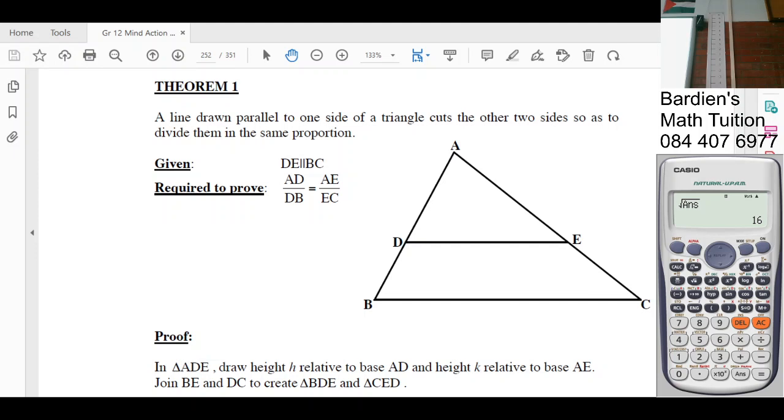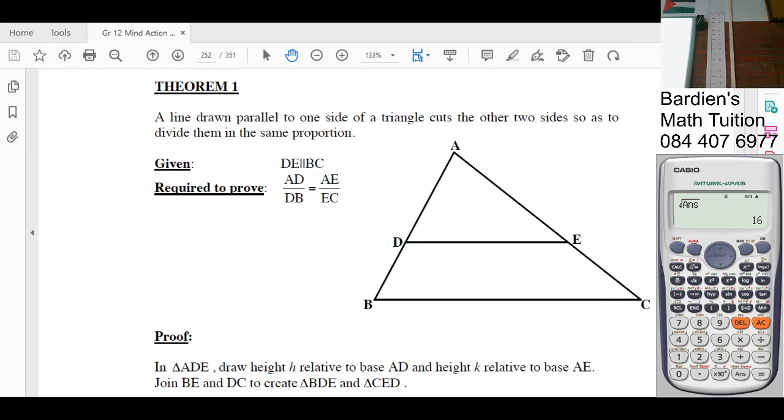How do you calculate the area of ADE? It will be half base times perpendicular height. What's my base? AD. And what's the perpendicular height for this triangle? K. Now I need to pick this up here, so I'm going to use that triangle. Make sure you're using DE.